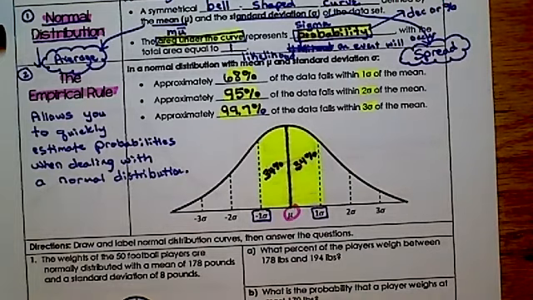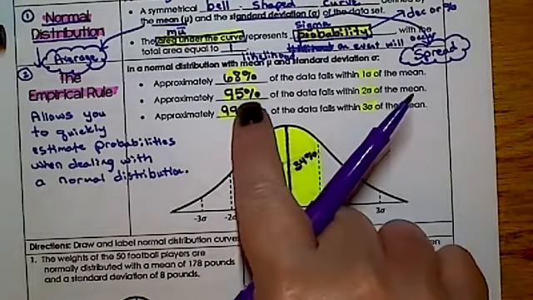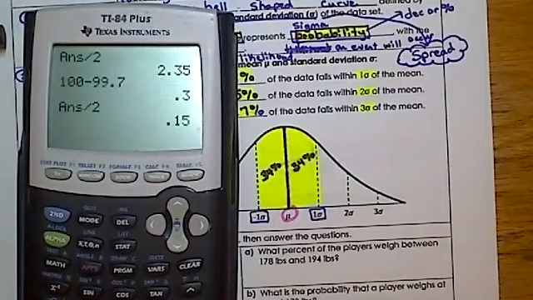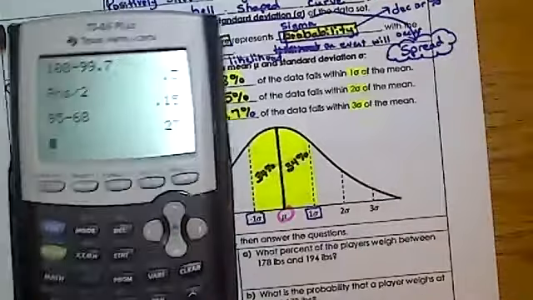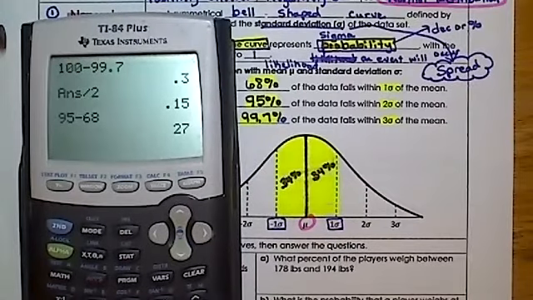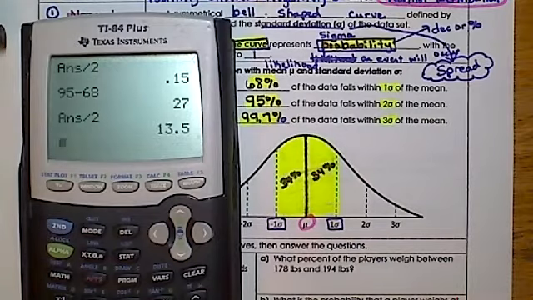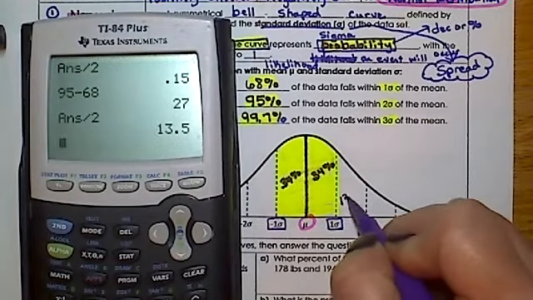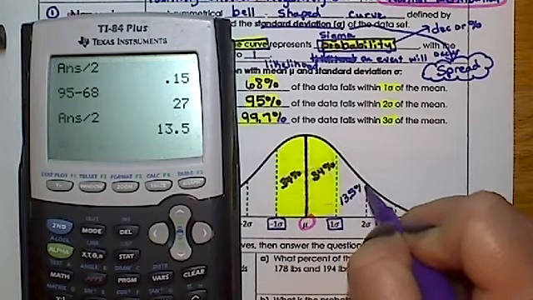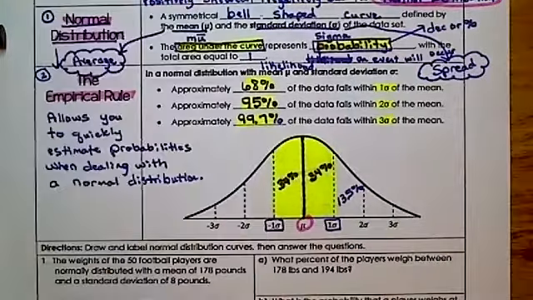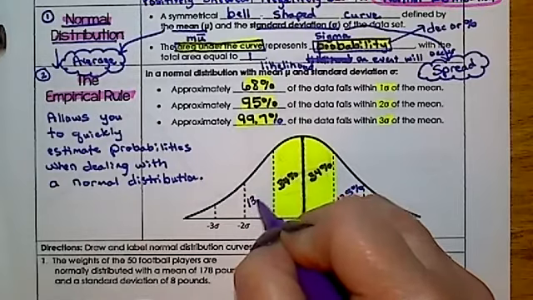Then you go out to 2 standard deviations and you see that that would be 95%. So what you would do to divide this out is you would do the 95 and you would minus the 68. Okay, now you're going to divide that by 2. So that tells you that 13.5% would be in each of those 2 regions.